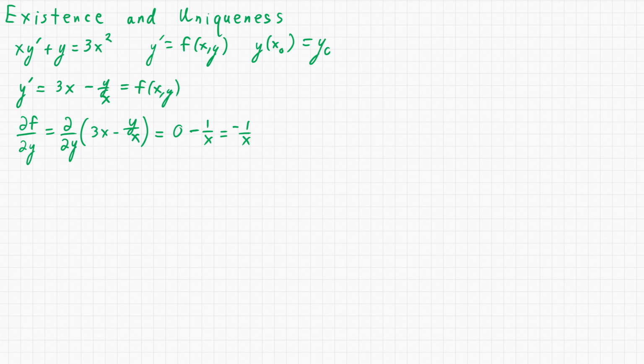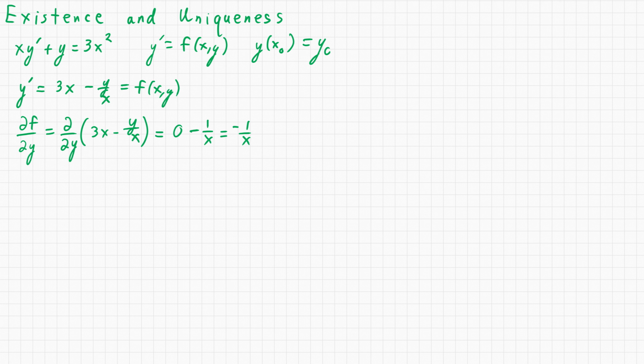All right, so where are these discontinuous? We have a problem here. When x is 0, we're going to get division by 0. And in partial f partial y, we have the exact same problem. It's a little different equation, but it's still a problem: 1 over 0.